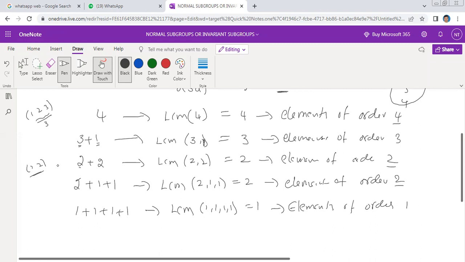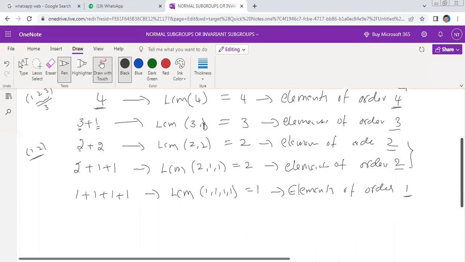So my dear teacher friends, 4 elements can be broken into 3 plus 1, 2 plus 2, 2 plus 1 plus 1, 1 plus 1 plus 1 plus 1. These are the possible partitions of 4. Therefore in S4, elements of order 3, 2, and 1 are possible.